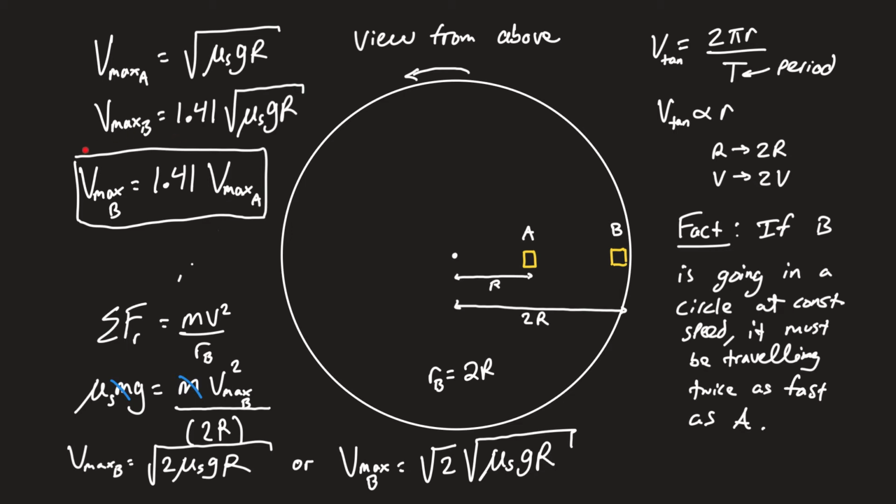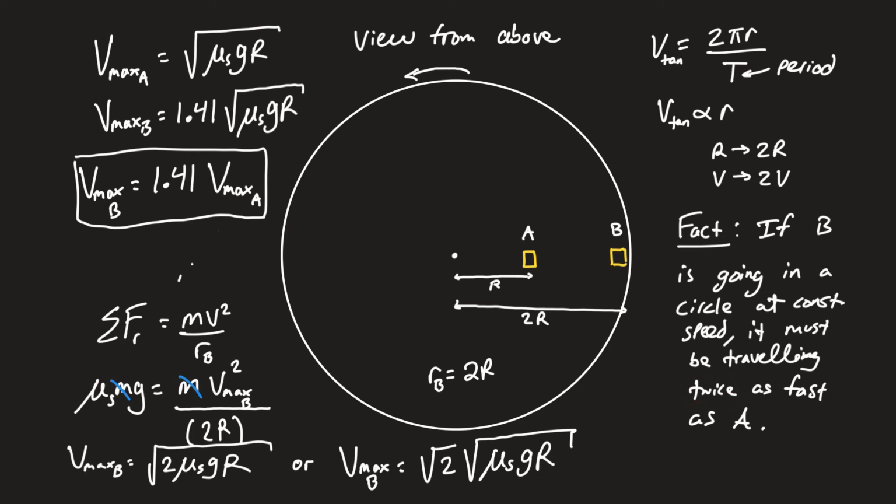Then we come over here. The physics of circular motion and friction combined tell us that B can only travel 1.41 times as fast as A. And if it goes any faster than that, it's going to slip off. So therefore, we can never get up to going twice as fast in this physical scenario.